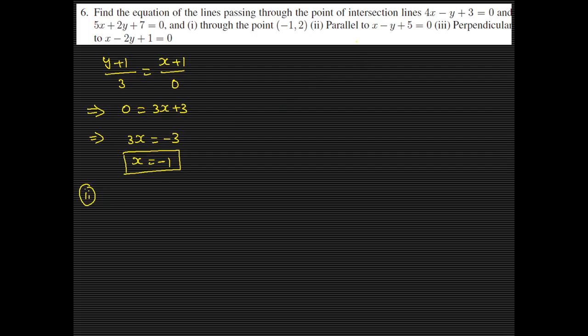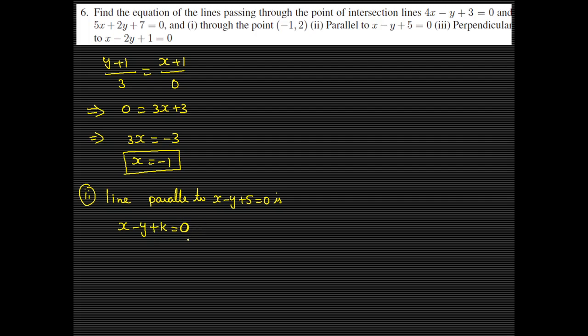The second subdivision: the equation of the line is parallel to x minus y plus 5 is equal to 0. A line parallel to x minus y plus 5 is equal to 0 is x minus y as it is, and instead of this 5 you can put plus k, which is equal to 0. You can put k on the right hand side or also on the left hand side.